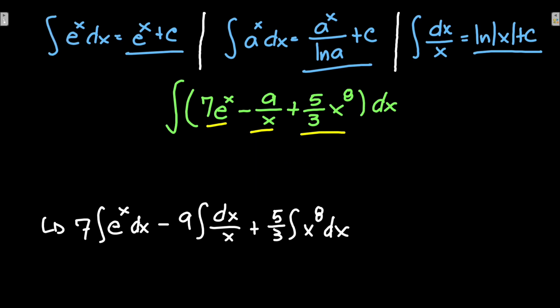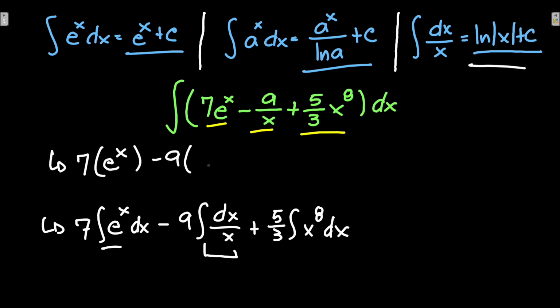And so we can integrate this one by one. So 7 multiplied by the integral of e to the power of x is simply e to the power of x, minus 9 multiplied by the integral of dx over x, which is equal to ln of the absolute value of x, plus 5/3 multiplied by the integral of x to the power of 8.